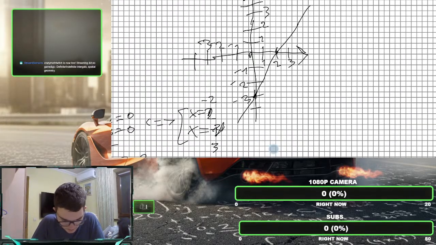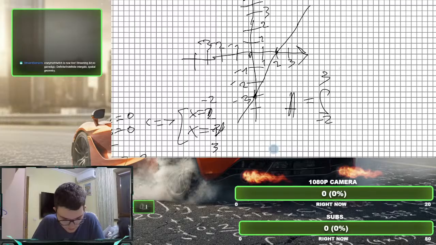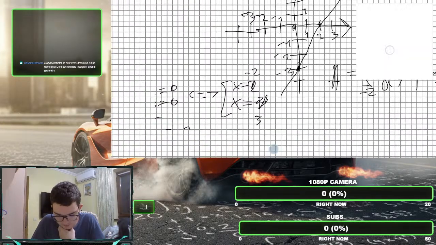So essentially I have that area will be equal to the integral from minus 2 till 3 of g(x) minus f(x), because g(x) is the larger one.